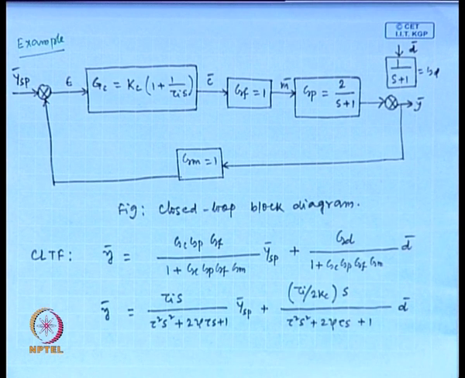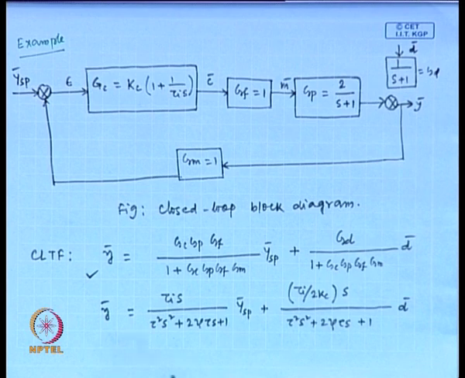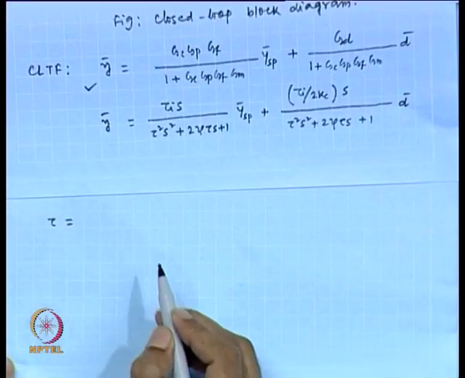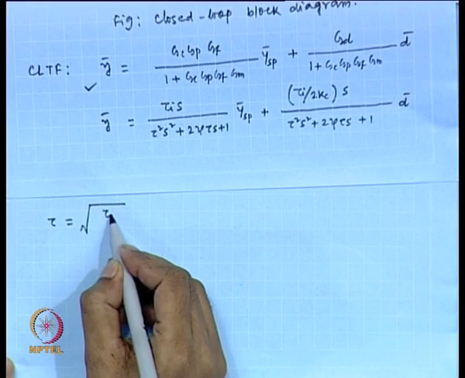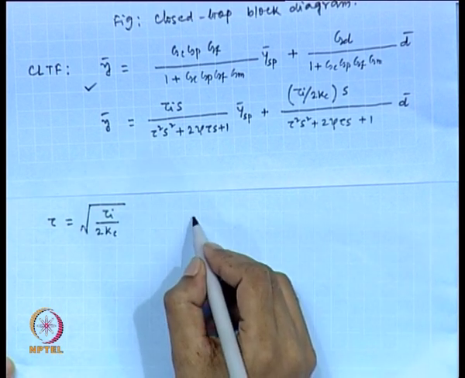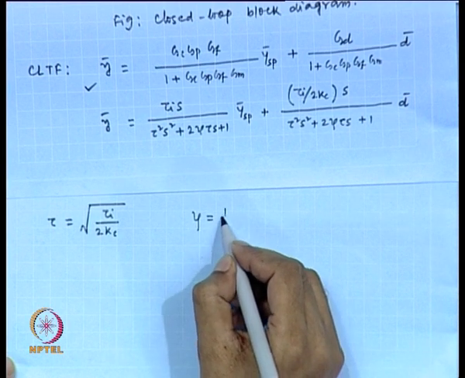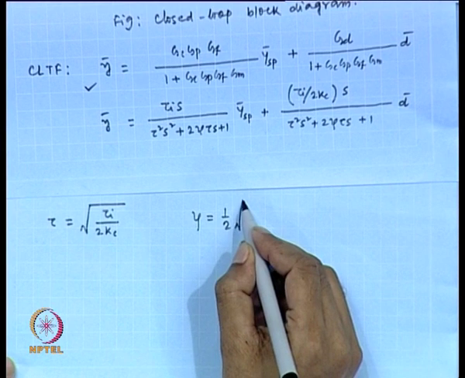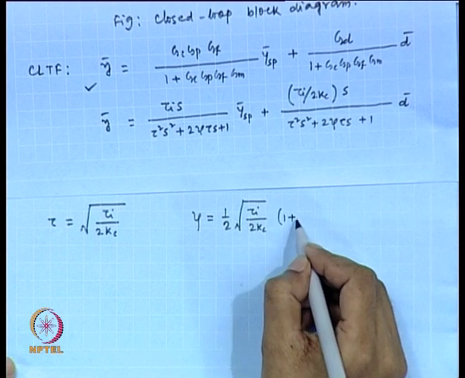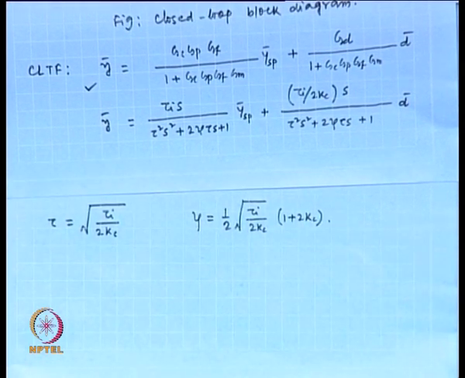If we substitute the individual transfer function expressions in this general form, we get this closed loop transfer function, where tau equals root over of tau I divided by 2 Kc, and zeta equals half root over of tau I divided by 2 Kc, times 1 plus 2 Kc.